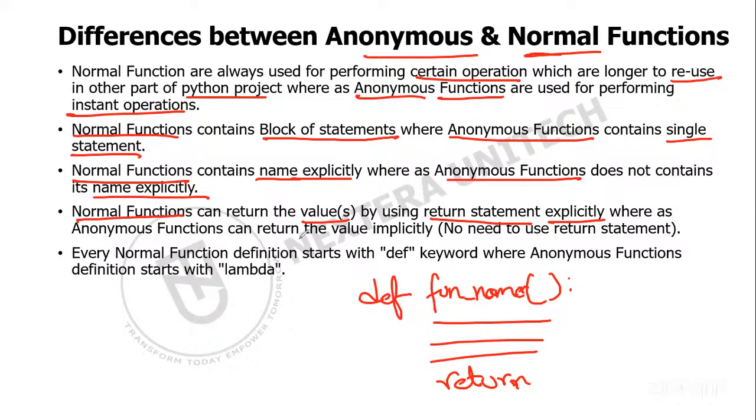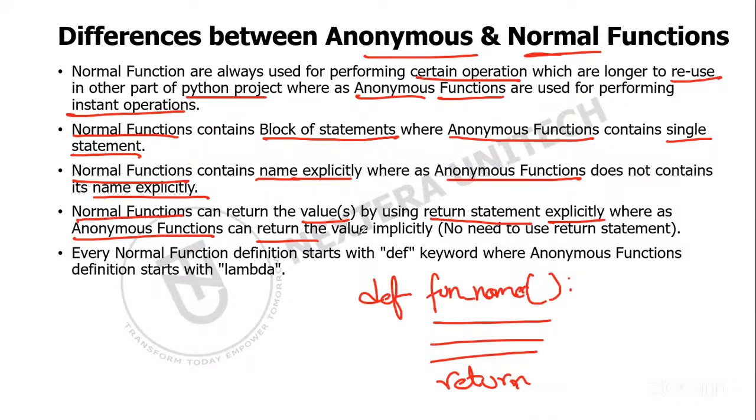But we need not use any kind of return keyword explicitly when it comes to anonymous functions. Why? Implicitly, this return keyword is present in the anonymous functions. So we need not use any keyword like return explicitly. Not required.